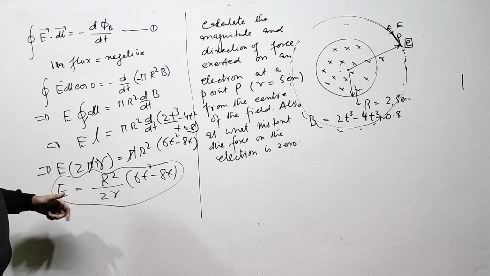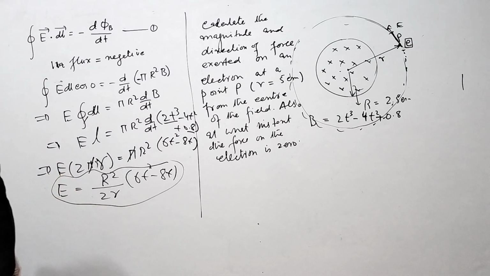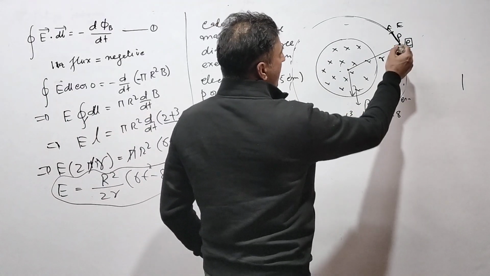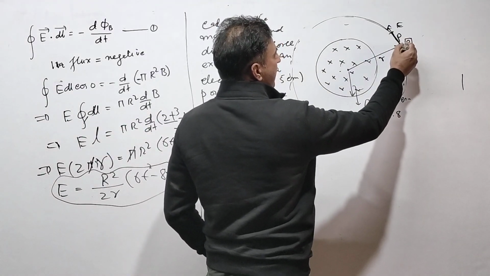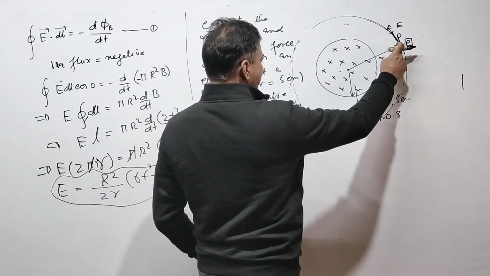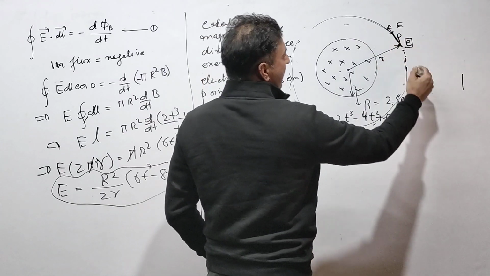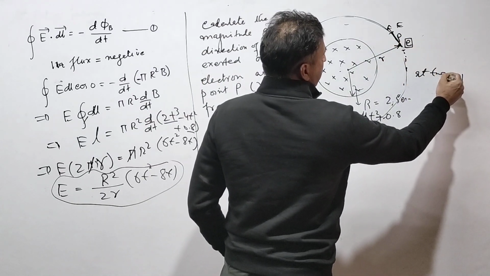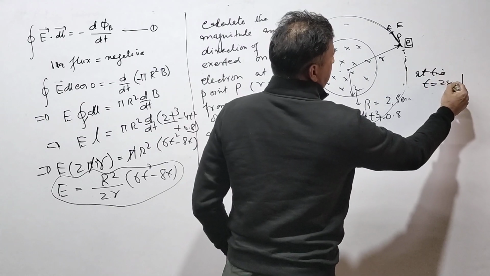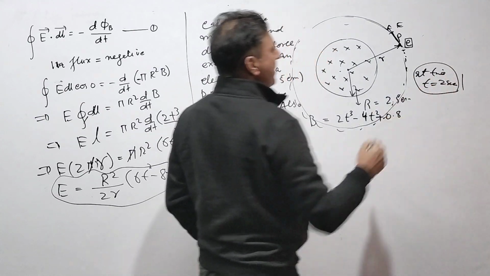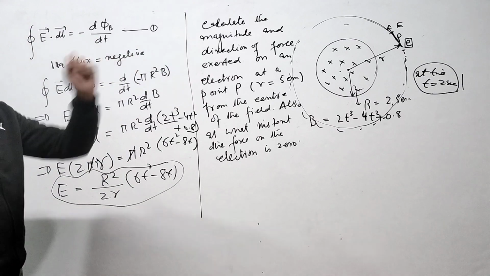So is the electric field clockwise or anti-clockwise? Let us find. Yes, the question was, what is the force on the electron here? We found the electric field here, but we had to find the force at some time, at time t equal to 2 seconds. What is the force on the electron there after 2 seconds?